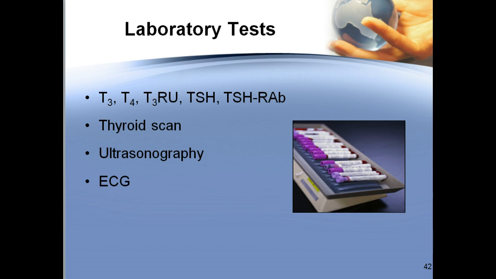If a person, for instance, has increased T3 and increased T4, generally the hormones itself, they have what they call hyperthyroidism.